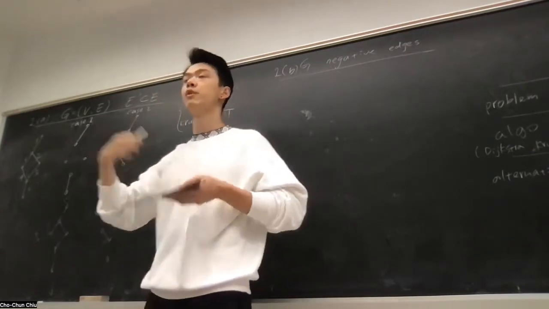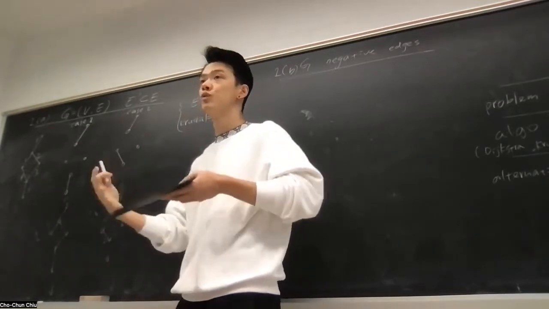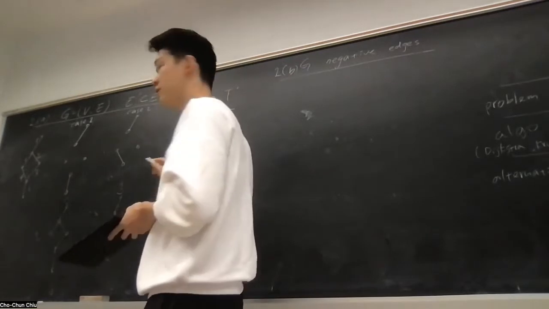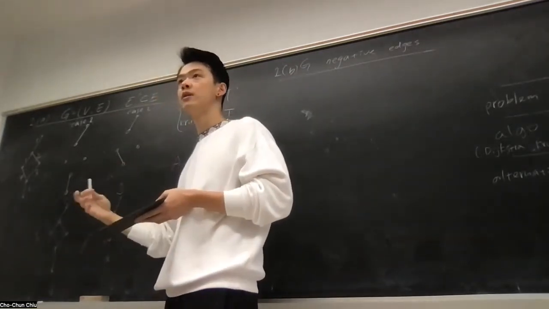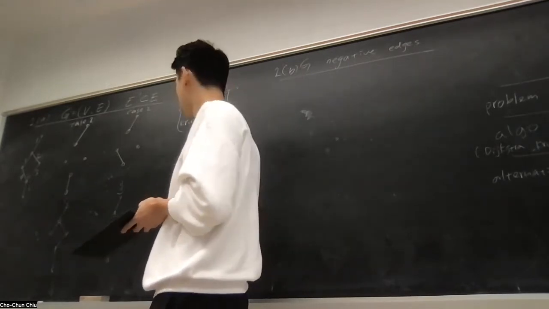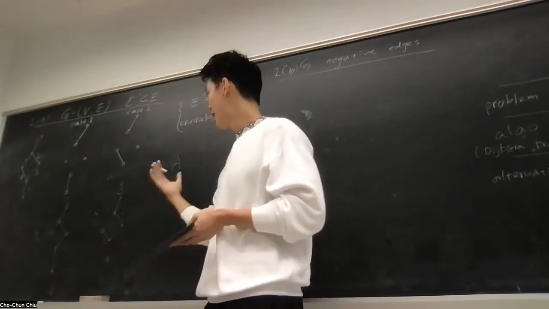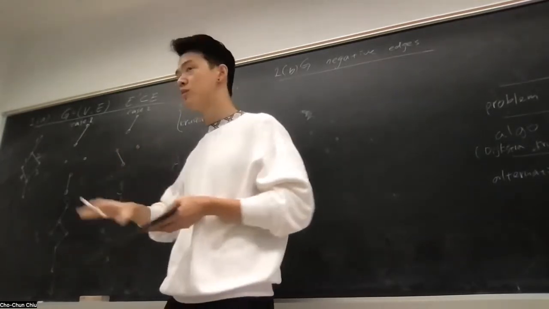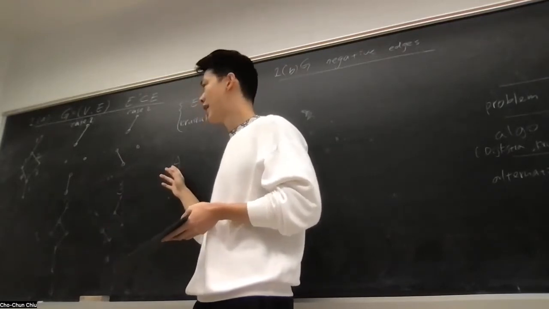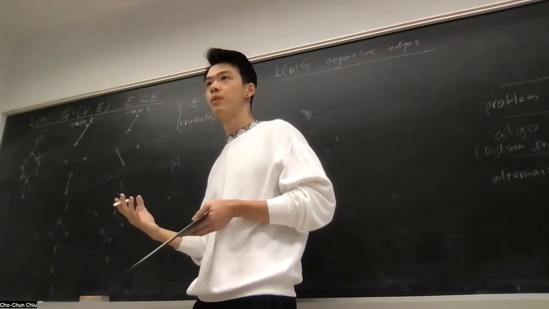Do you guys still remember the optimal substructure? We assume in Kruskal's algorithm, we have a set A, and we keep adding edges to the set A, and eventually this set is going to be the minimum spanning tree. We assume that over iterations, this set is always part of the MST.